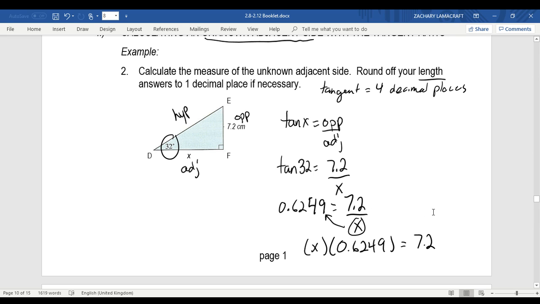But now we're probably sitting here going, well, that doesn't really help because then we're going to have 0.6249x when we multiply that. So how could I get the x to stay by itself and move over that 0.6249? Yep. Divide the other side.